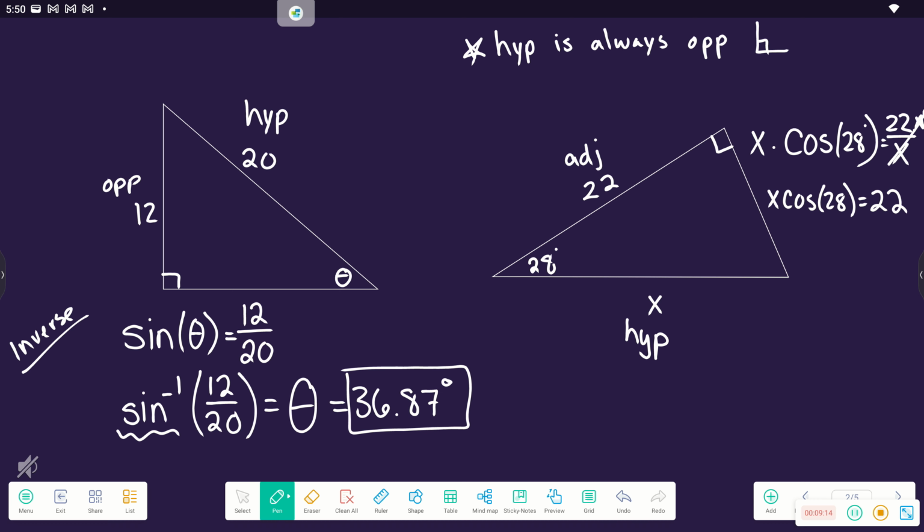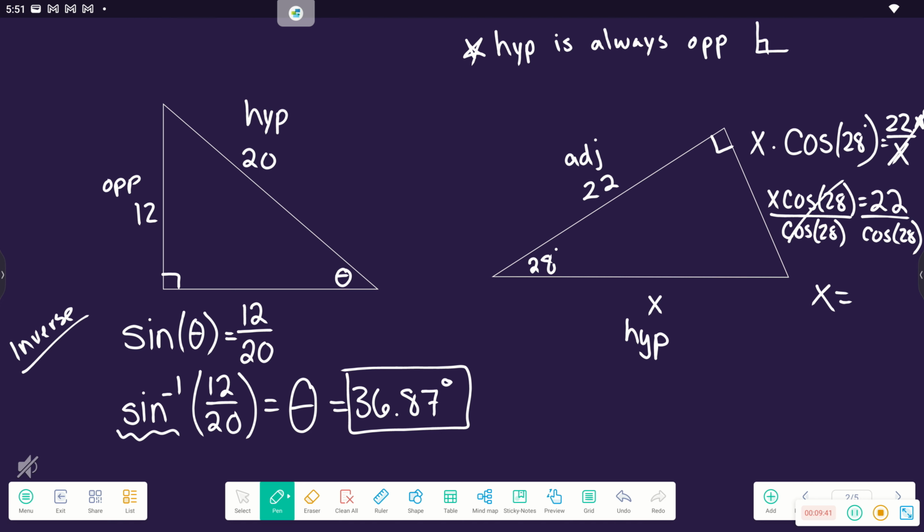Now cosine of 28, if I were to put that into my calculator, is just a large decimal. So even though it seems like a function, I'm going to treat it like it's its own number. So to get rid of it, like any other number, we are going to divide by cosine of 28. Letting those cancel. And now I have something I can put into my calculator.